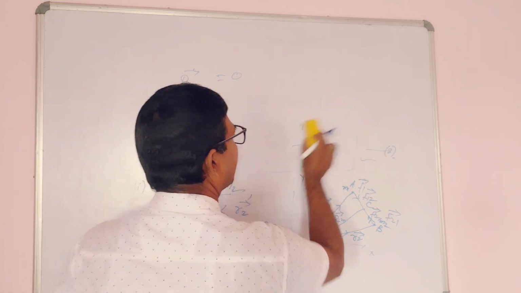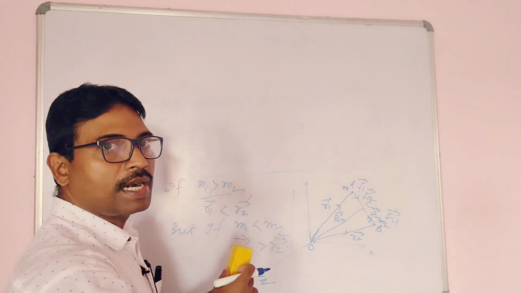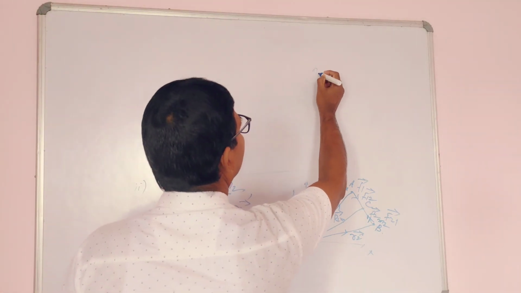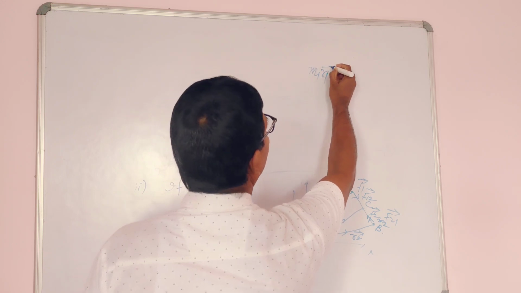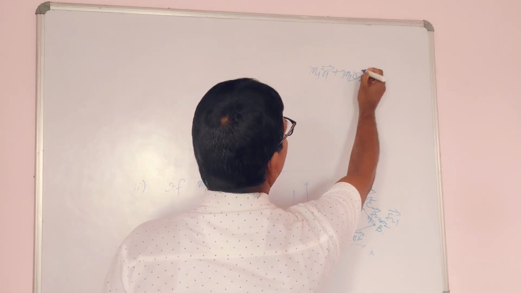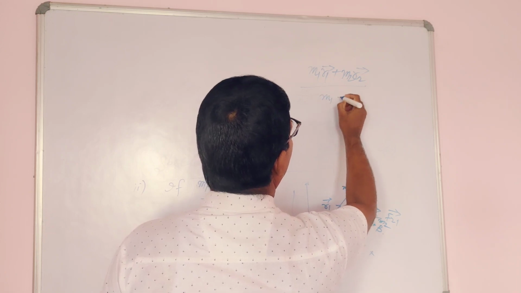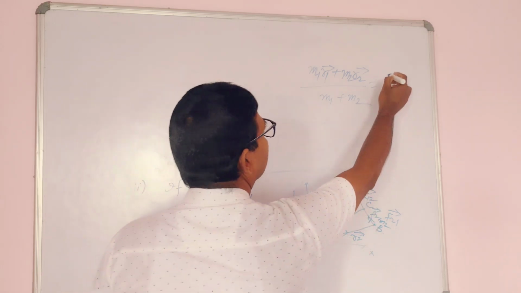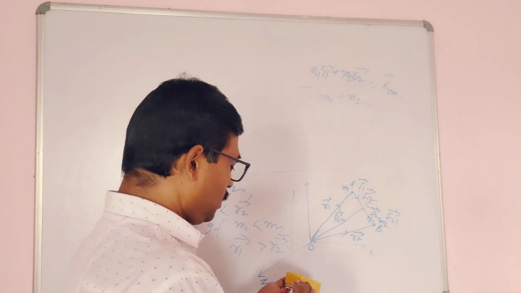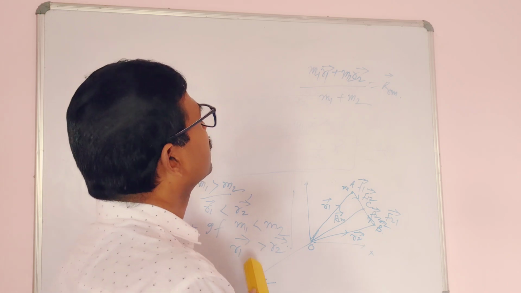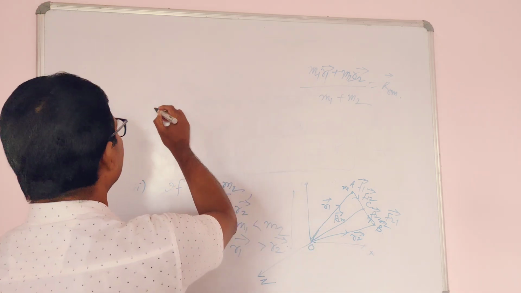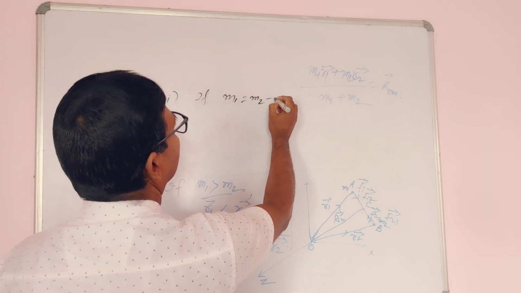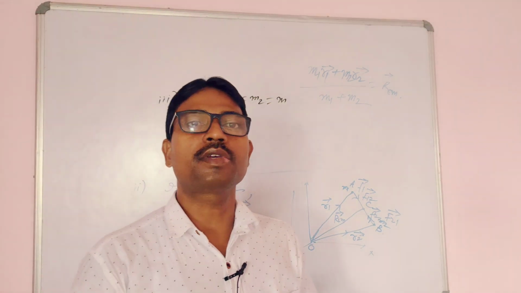Then another point. The derivation formula is most important, don't forget it, try to remember this one. I am writing here: R_CM is equal to (m1 r1 plus m2 r2) by (m1 plus m2). Now suppose m1 equals m2 equals m, both particles have equal mass.